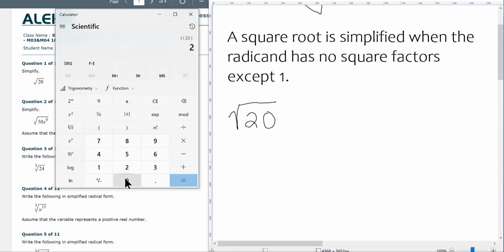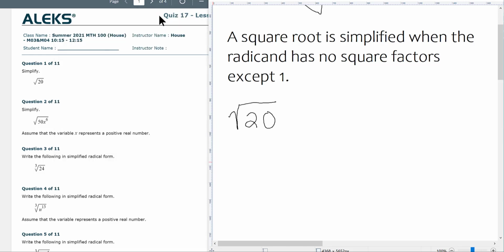So I'm going to enter 20 and take the square root, and you see this long, non-terminating, non-repeating decimal. That is an irrational number because we can't express it exactly as a fraction or decimal. So all we can do to the square root of 20 is either get a decimal and round it to estimate it, or we can simplify it.